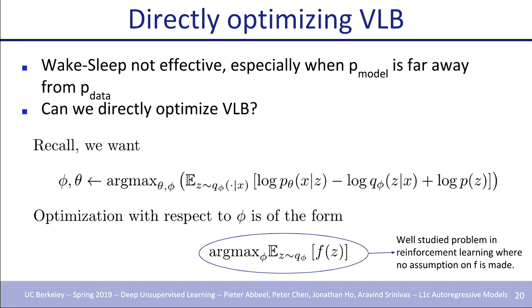This form of optimization problem is pretty well studied in reinforcement learning, where no assumption is made about any analytic form of f. You just assume that you can evaluate f for any given z, but you don't really know what it is.